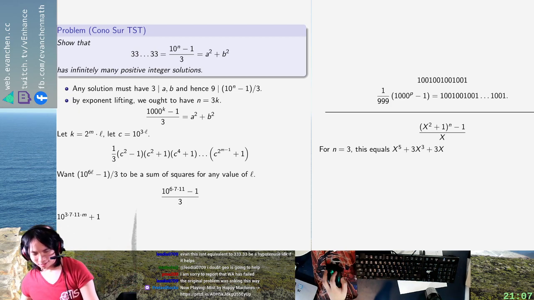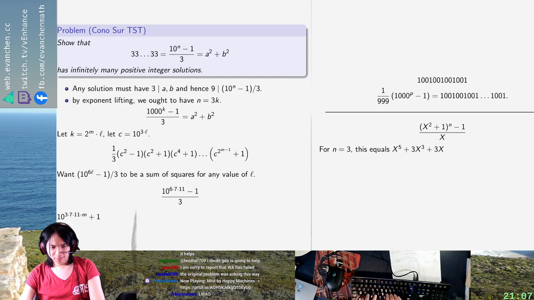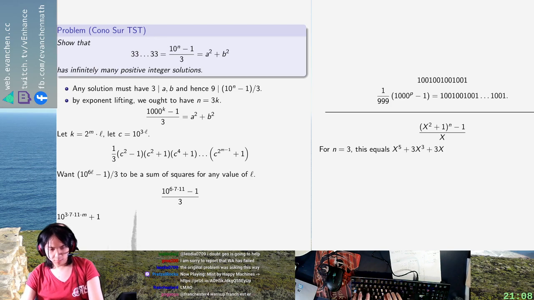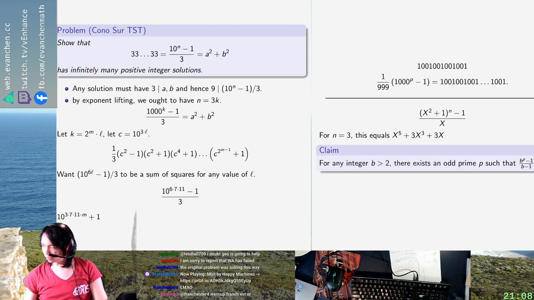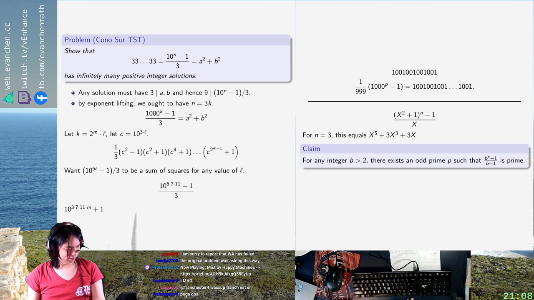Actually, okay, I gotta ask now, is the following claim true? So I think this statement should be true. Maybe. I think this is maybe true. I don't know how you would prove it. It seems infeasible. But what is the status of this, is it known?